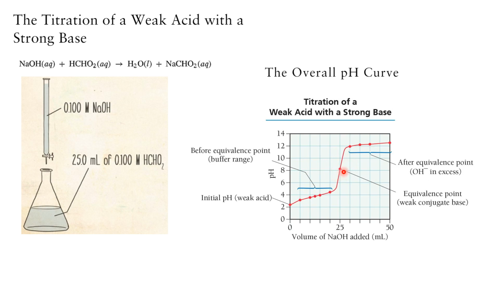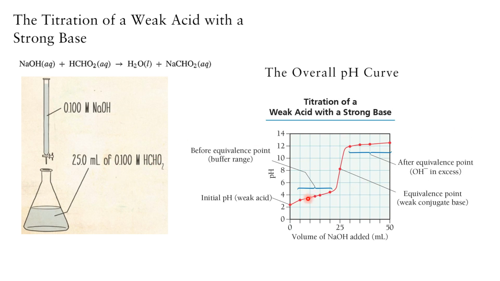If you're given an ACS problem and they show you a titration curve and you notice that at the equivalence point it's not 7, you already know that it's a titration of a weak acid and a strong base. You don't need to really know any other pieces of information, right? If you look at the equivalence point, that already tells you a lot about what you're dealing with, right? What the identity of these solutions could be.